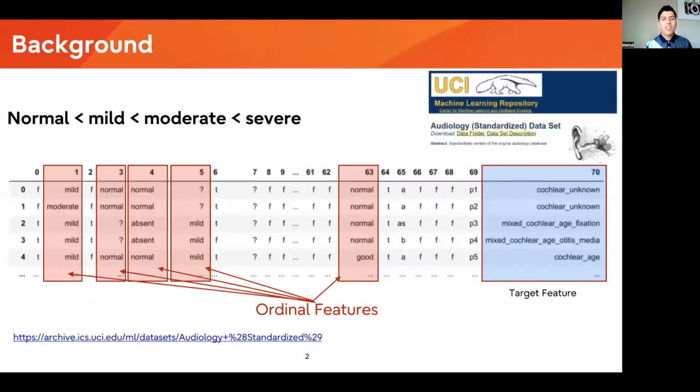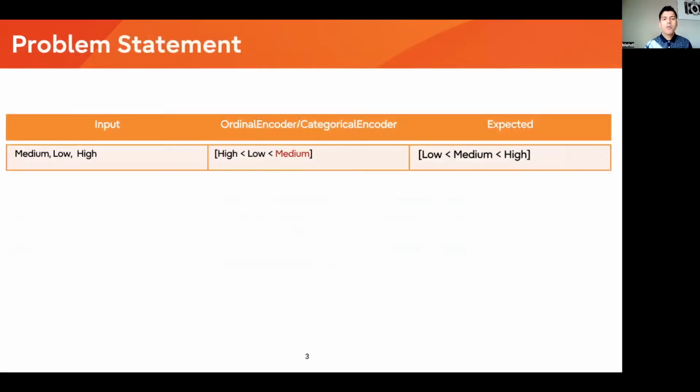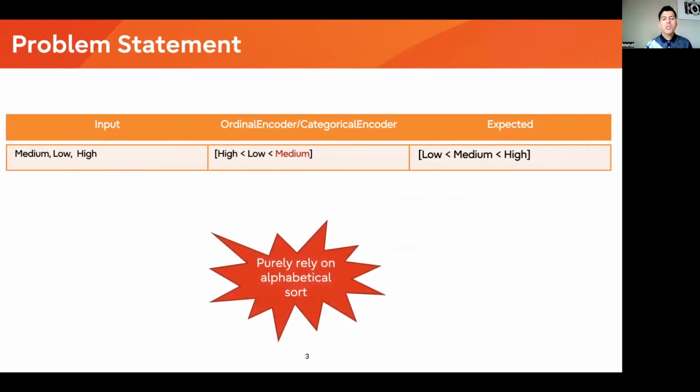When we submit tabular data to AutoML tools, sometimes those features include ordinal features, which means the semantic order between the values is important, and we want to capture those semantics. However, when we submit those values, AutoML tools and data scientists regularly use functions like an ordinal encoder or categorical encoder, which purely rely on alphabetic sort and then assign an integer value to each unique value.